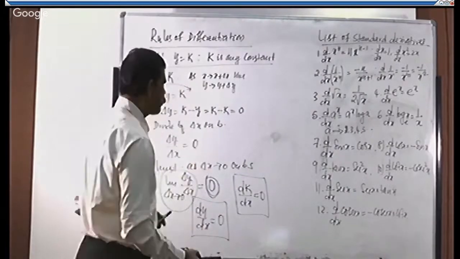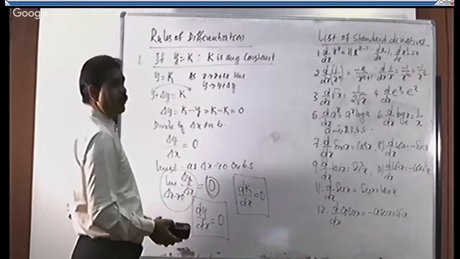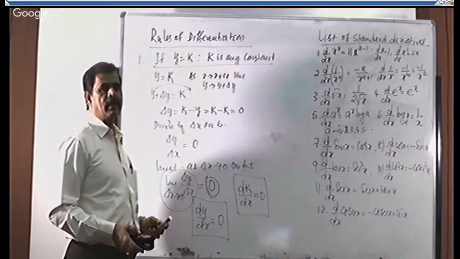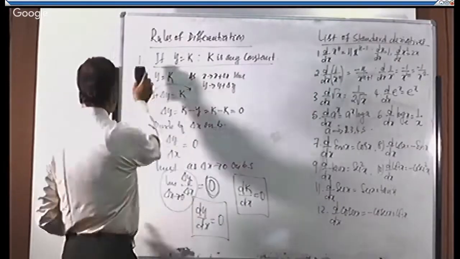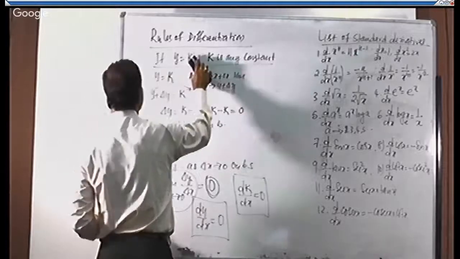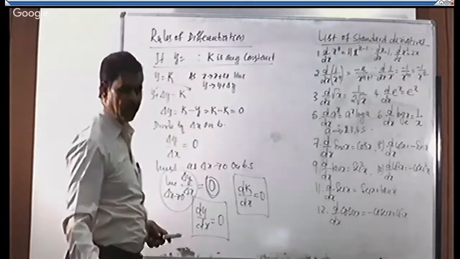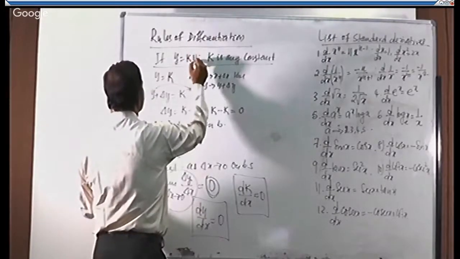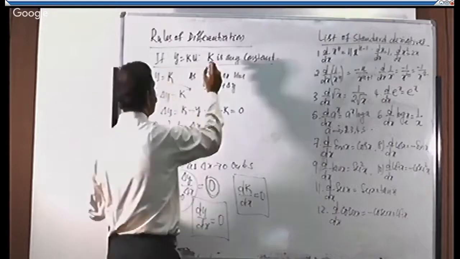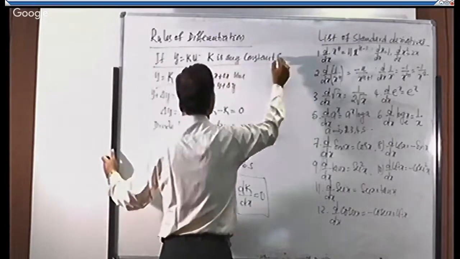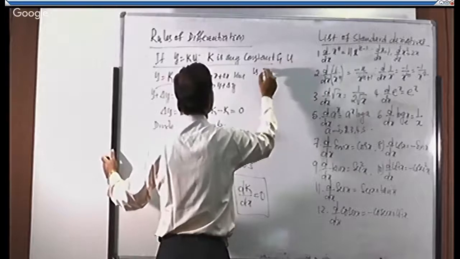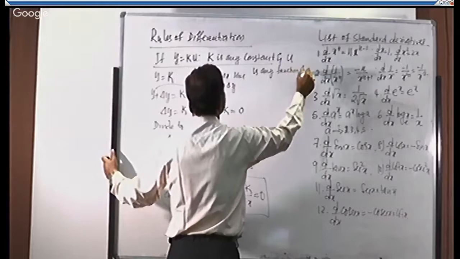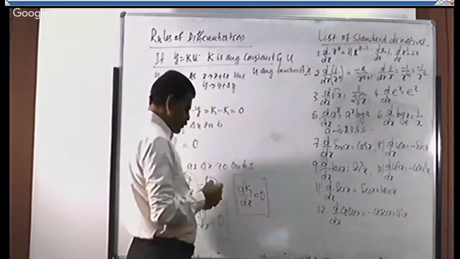This is the first rule. Second one: in place of only k, if I take a constant and a function in product, k into u. What is k? k is any constant, and u is any function of x.